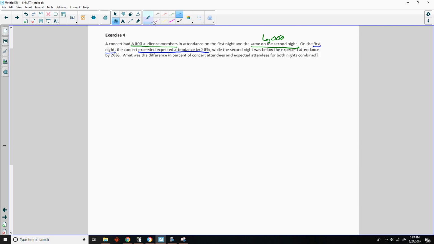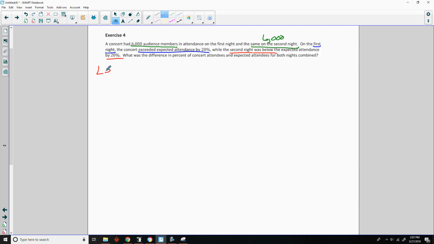While the second night was below the expected attendance by 20%. So they expected more to go the second night. So maybe the first night was a Thursday and the second was a Friday. So since it's the weekend, more went. So the second night was below expected attendance by 20%. What was the difference in percent of concert attendees and expected attendees for both nights combined?